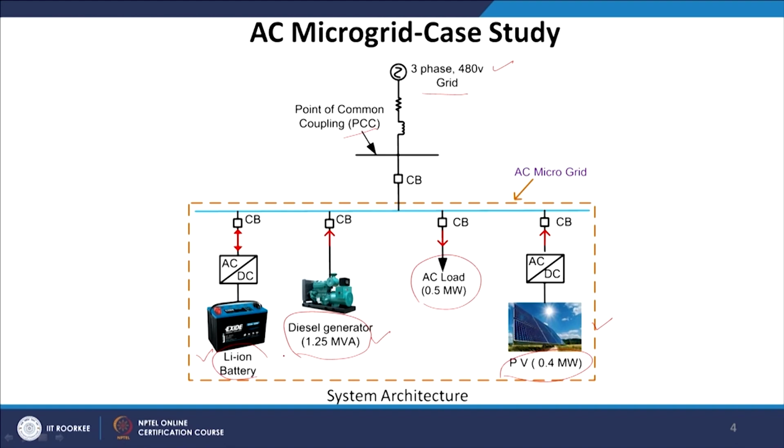Now, considering this basic system architecture, the main emphasis in incorporating a diesel generator into the microgrid is to see what kind of challenges developing countries are going to face. If you look at the Indian context, I think all the commercial buildings of this country have a diesel generator in place, like malls, commercial buildings, educational institutions.